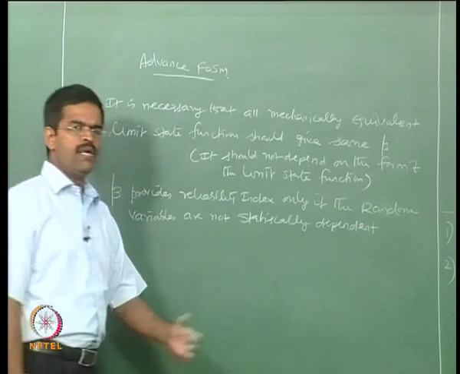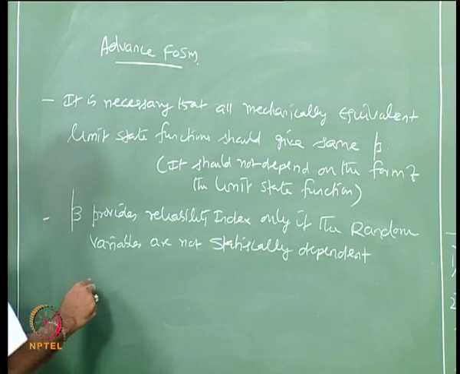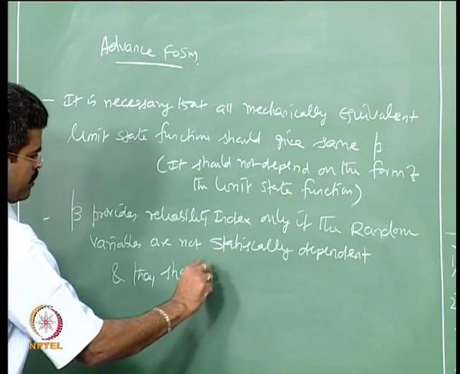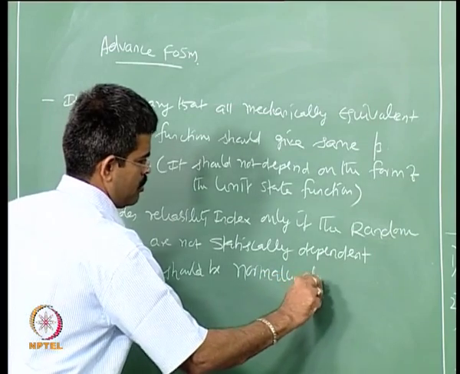That is, if they are independent, then beta gives the reliability value, and they should be normally distributed.